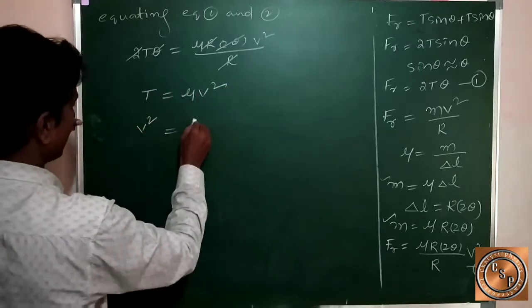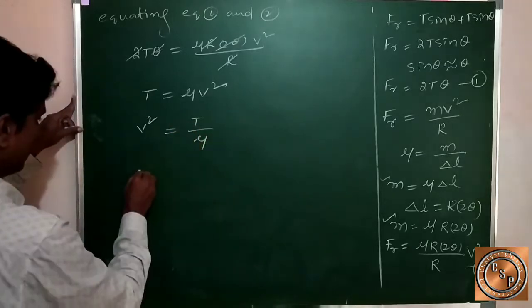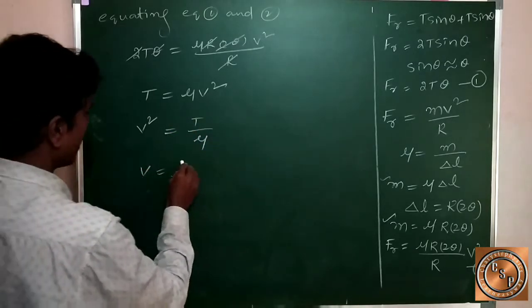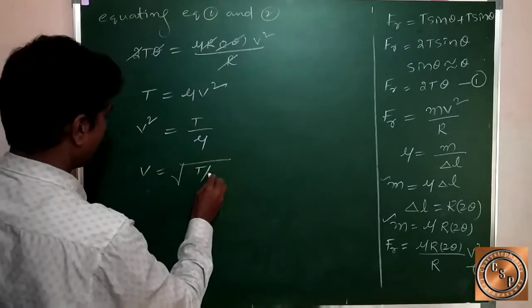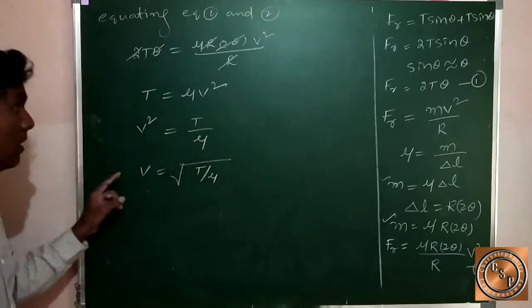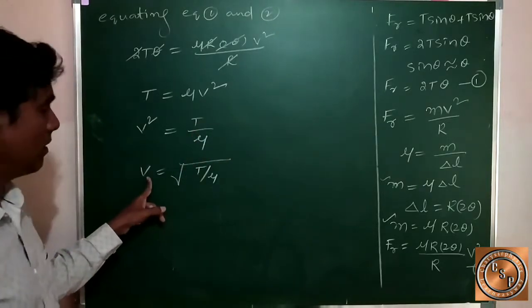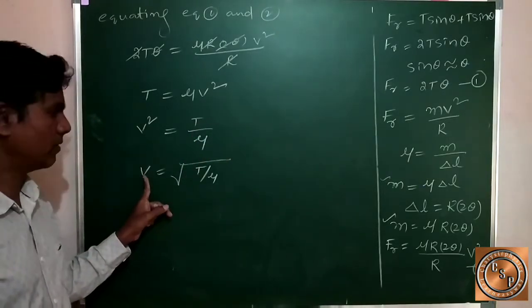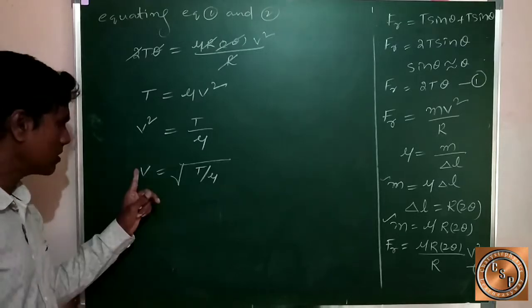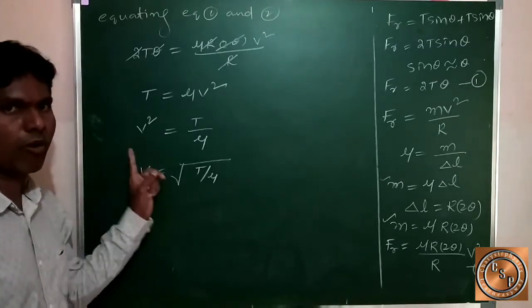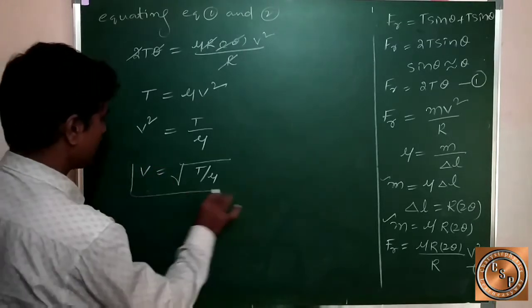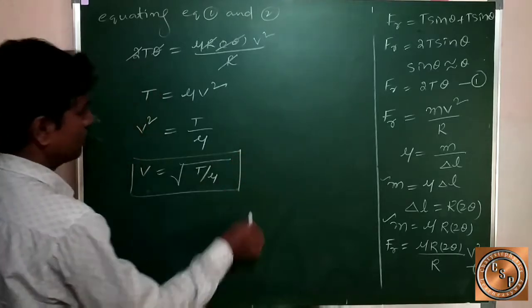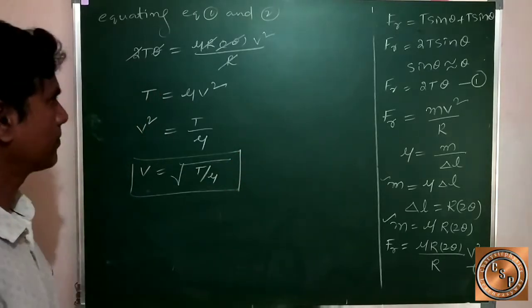Here v square is equal to t by mu. V equal to under root t by mu. This is the velocity of a wave on a string, or speed of a wave on a string. V equal to under root t by mu.